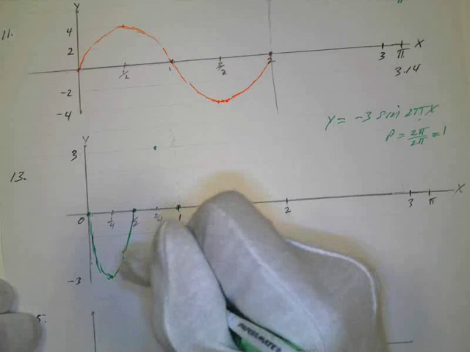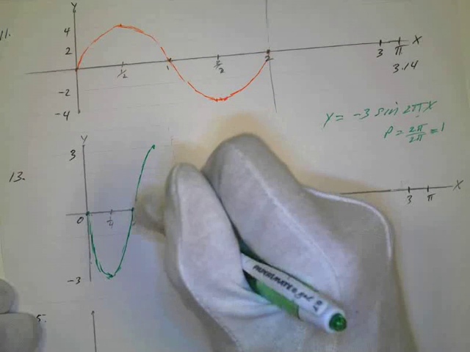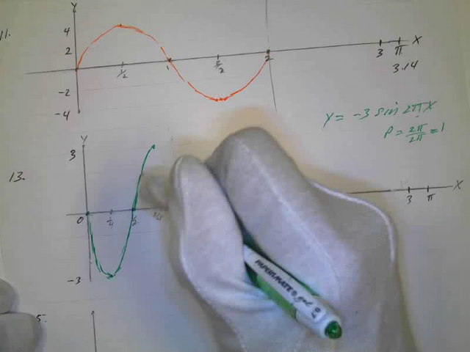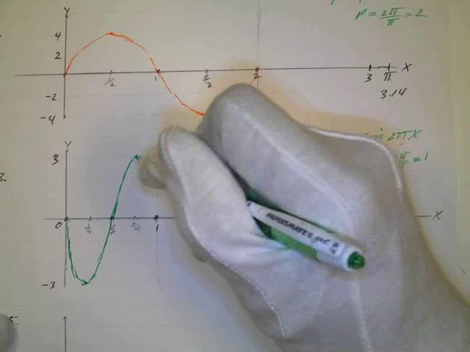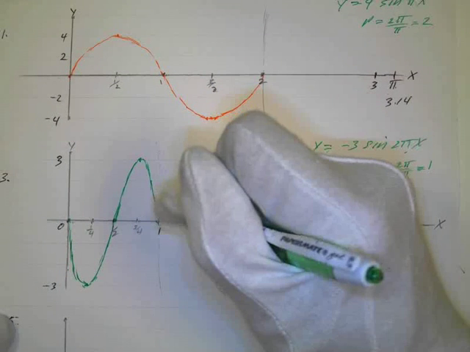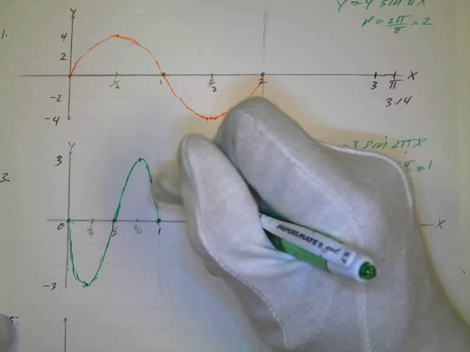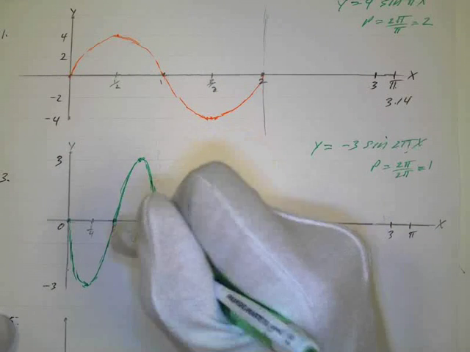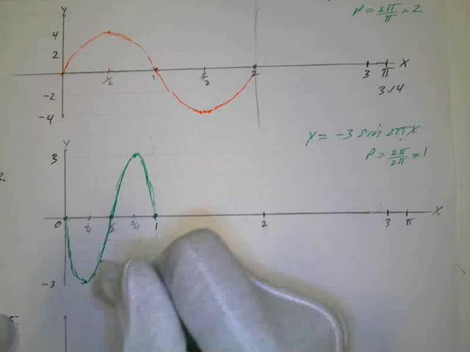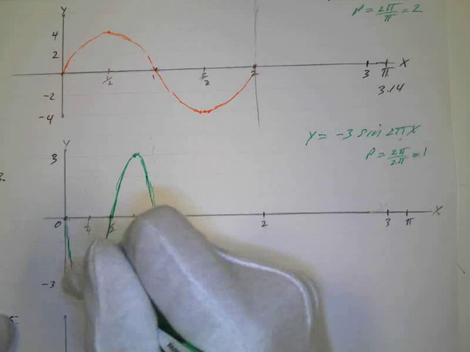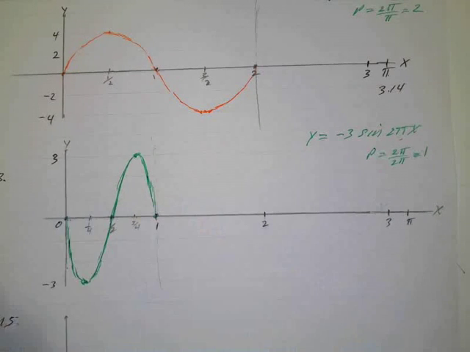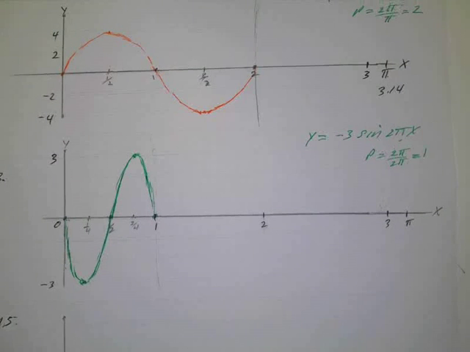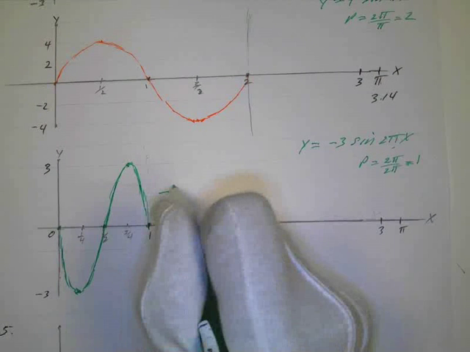Once you figure out your period, that's the main thing. And like I said, if I use graph paper or add some more guidelines, I could probably get these even better. Okay?